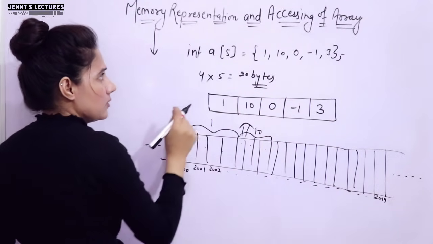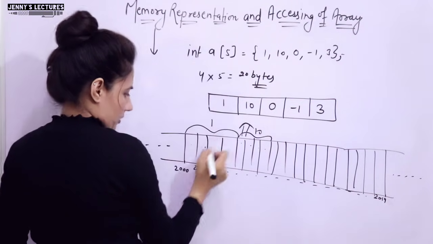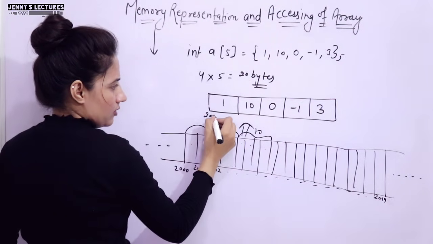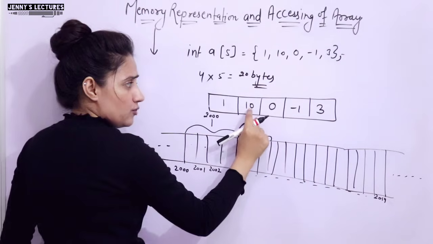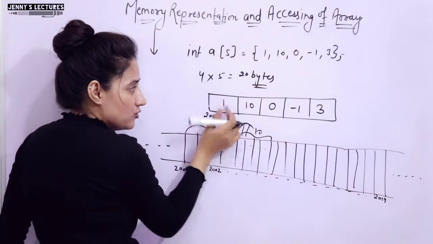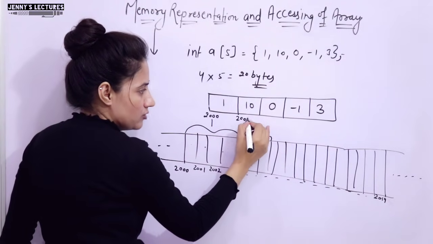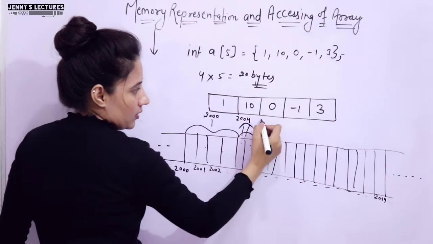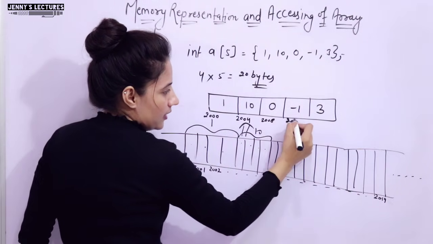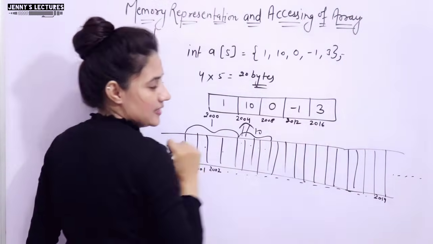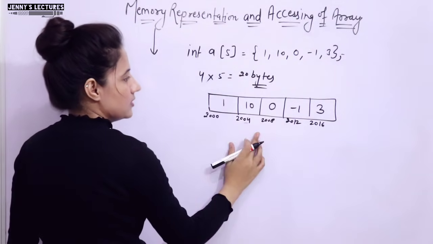Now see, the address of this is 2000. Now the address of the second element would be what? 4 bytes for this, so the address would be 2004, then 2008, then 2012, and then 2016.